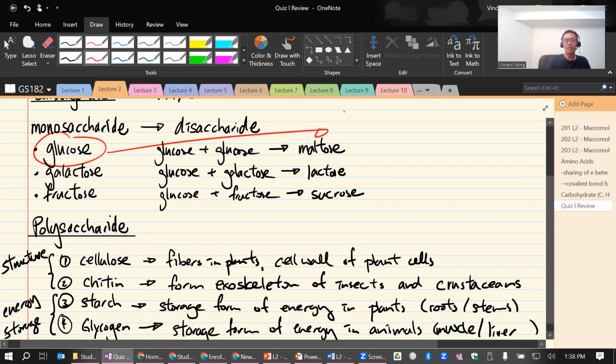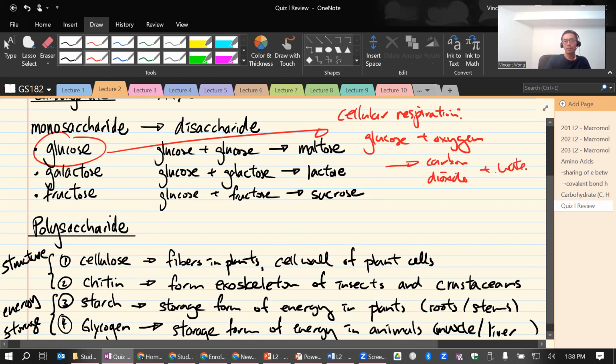We need this for cellular respiration, right? Which is like glucose plus oxygen produces carbon dioxide and water, right? And energy.